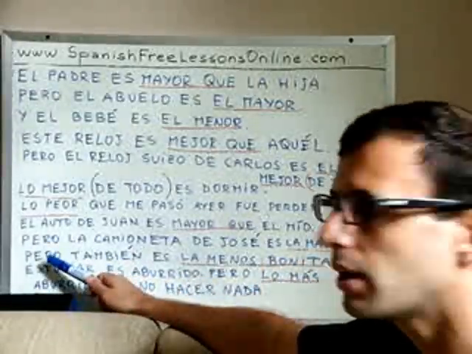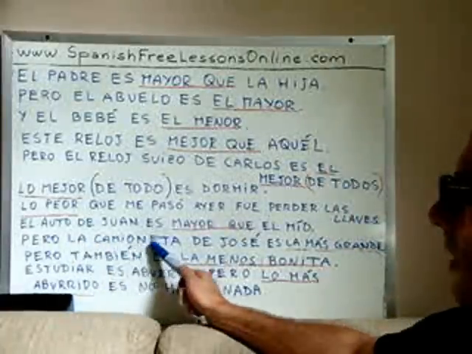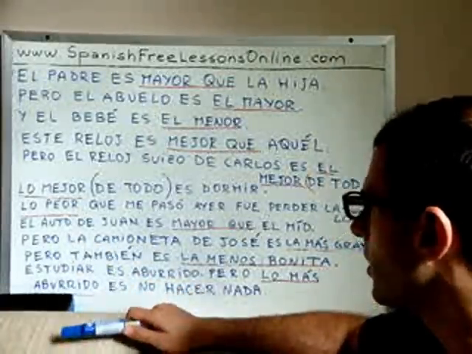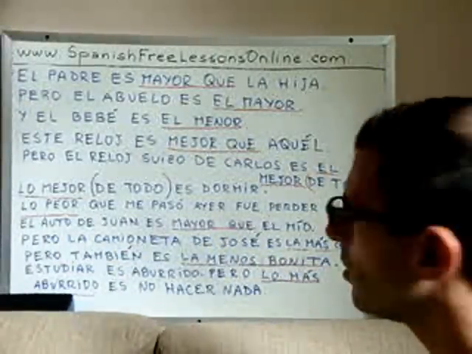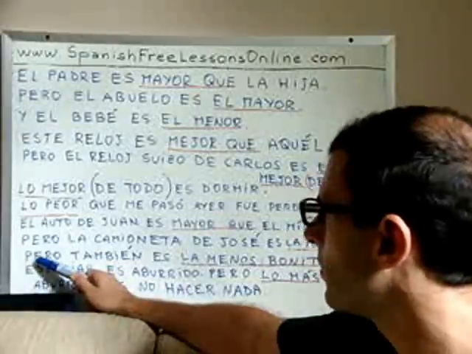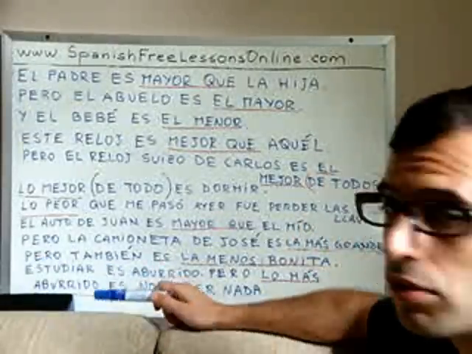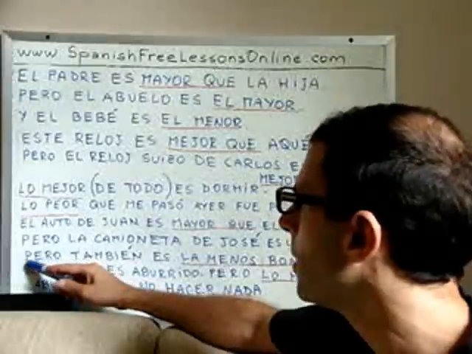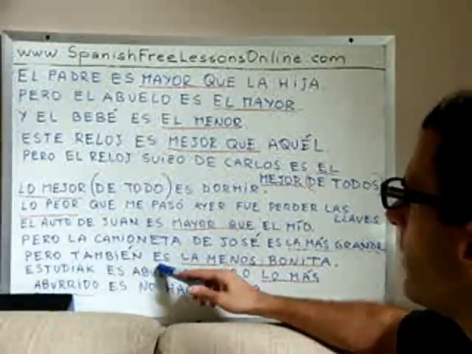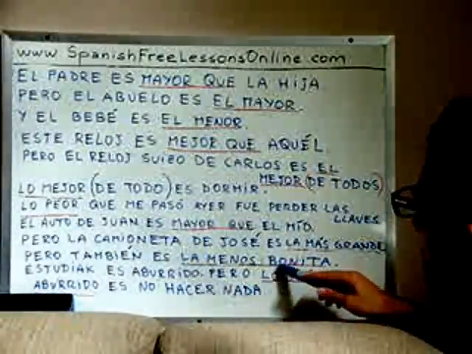And we are speaking about the camioneta, the van, okay? In the previous sentence we said that it was the biggest of all, and now in this sentence we say but it's also the least pretty of all, right? Pero también es la menos bonita.